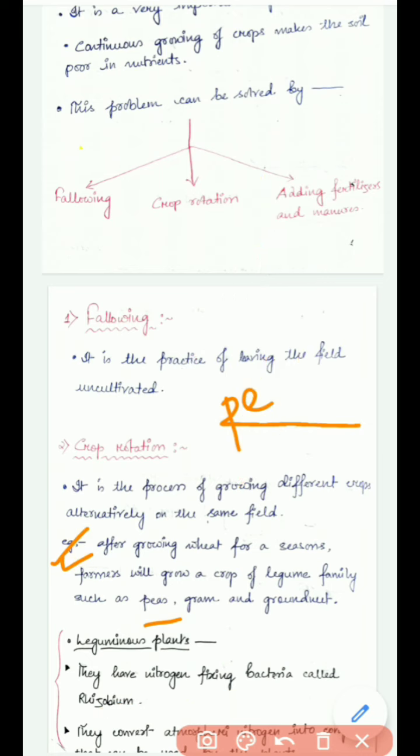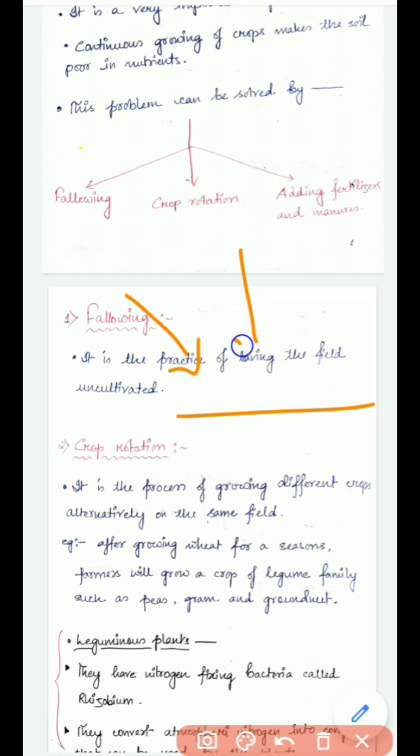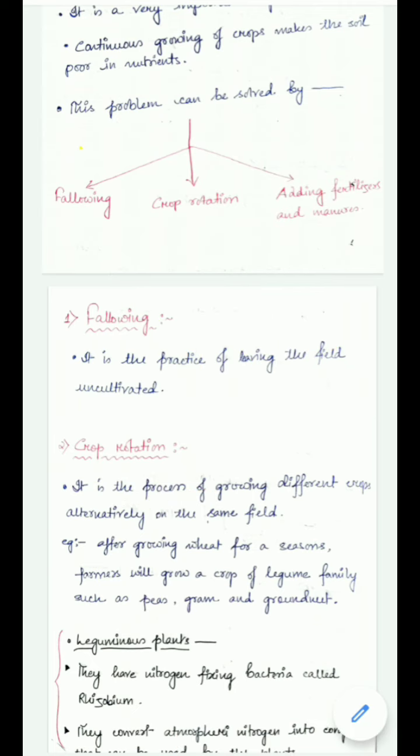Rhizobium fixes the atmospheric nitrogen. It takes the nitrogen from the atmosphere and fixes it in the soil. See the last point, it converts the atmospheric nitrogen into compounds that can be used by the plants.